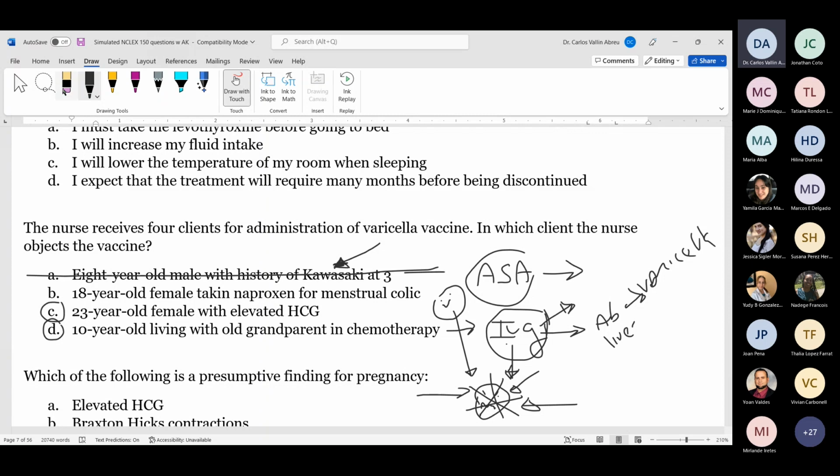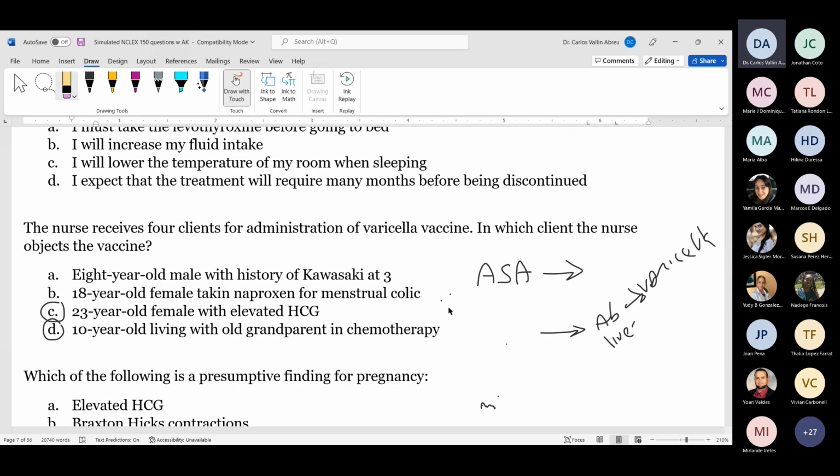And sadly, I have seen those questions in the NCLEX. A patient with Kawasaki receiving aspirin cannot receive the flu vaccine and the varicella vaccine until the aspirin is discontinued. And they cannot receive the live viral vaccine until the action of the immune globulin injected as part of the treatment of Kawasaki disease wears out after 9 to 12 months.